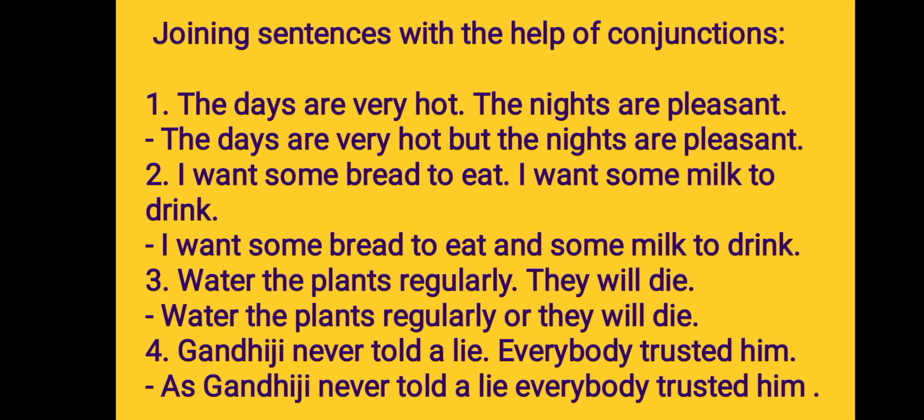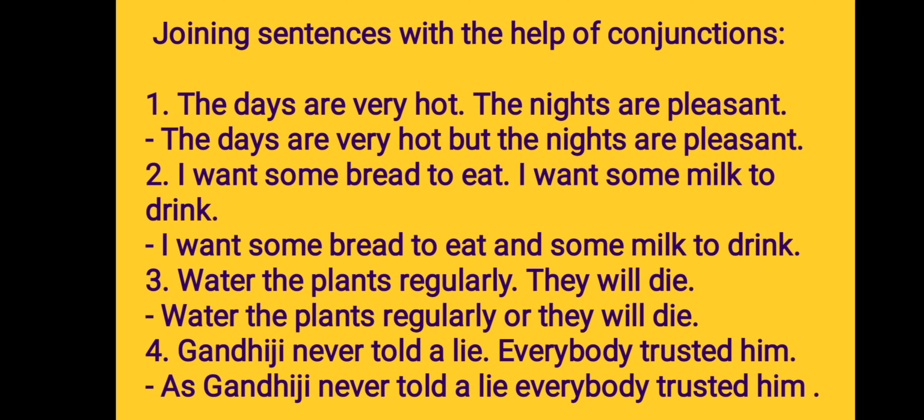Okay, now number 2, I want some bread to eat, I want some milk to drink. Now I hope you understood that they are similar ideas, similar type of statements. So here we can use and. So we have used and the sentence will read like this: I want some bread to eat and some milk to drink.